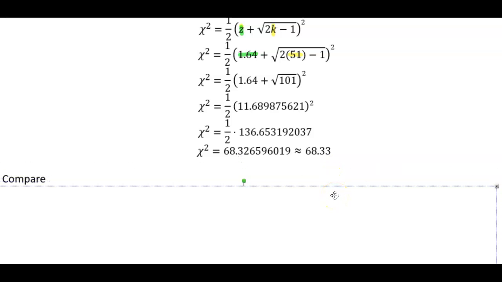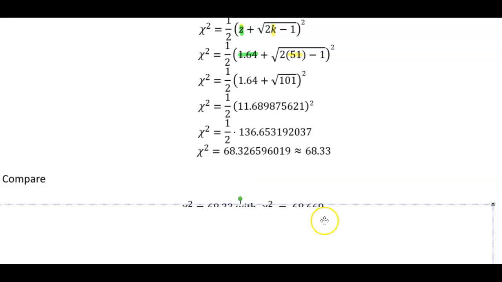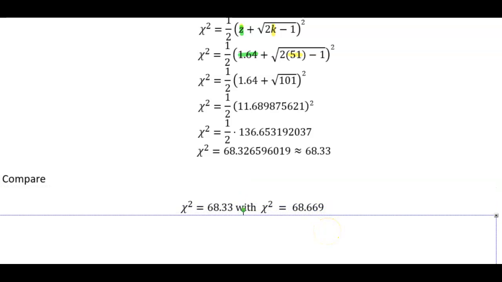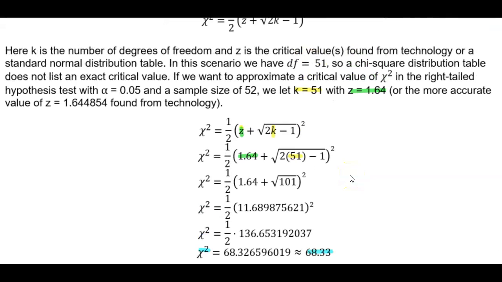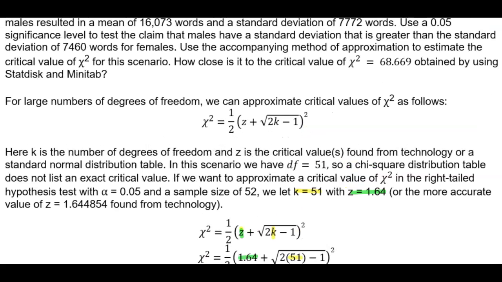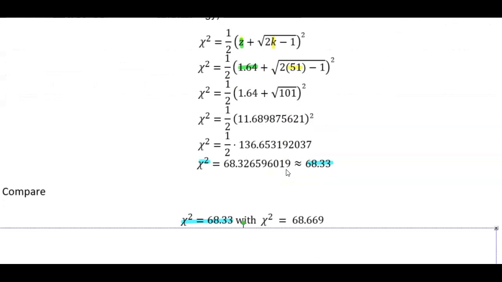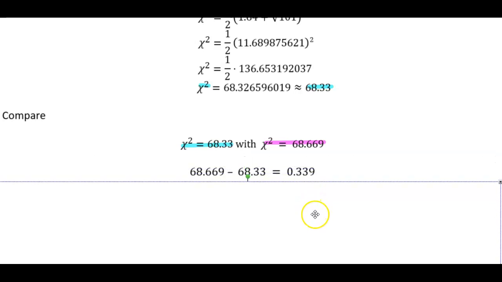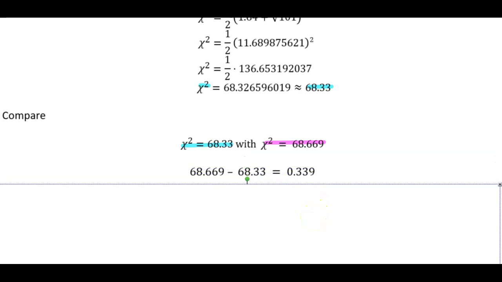Now that we found the approximation, we want to compare the chi-square approximation with the given value from the problem, because we want to know how close it is to this critical value, which is 68.669. In order to compare, all we're going to do is subtract these two values. We take 68.669 and subtract 68.33.